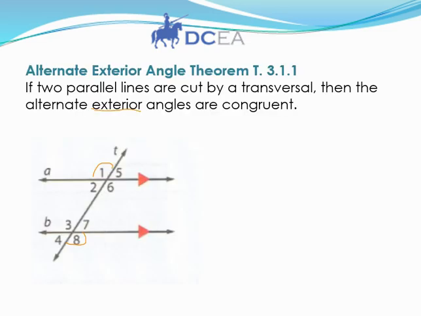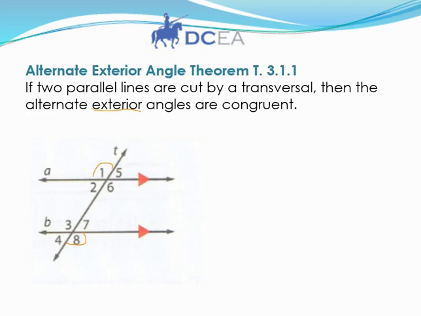So in the last section, we learned the alternate exterior angle theorem. If two parallel lines are cut by a transversal, then the alternate exterior angles are congruent.